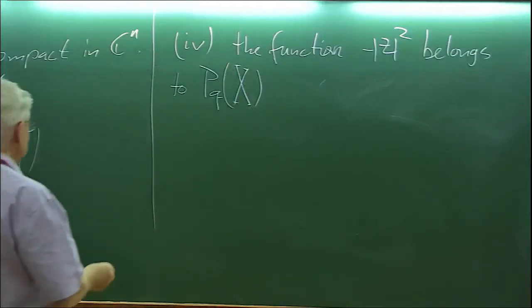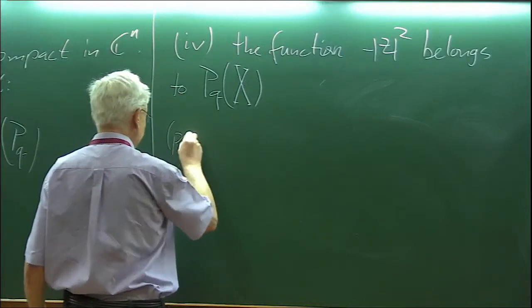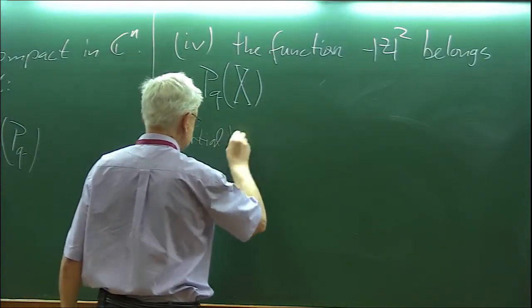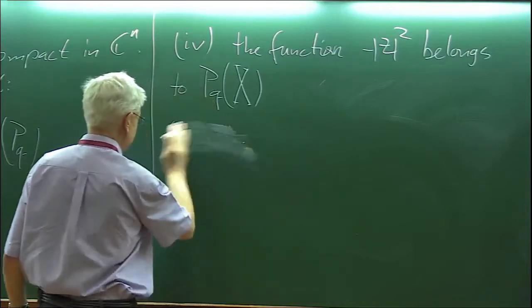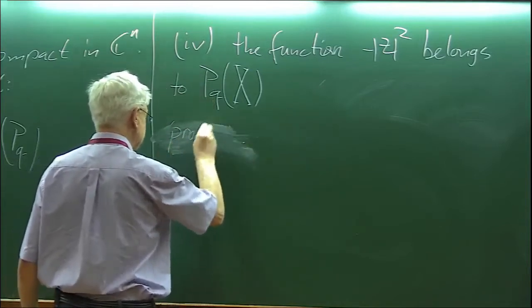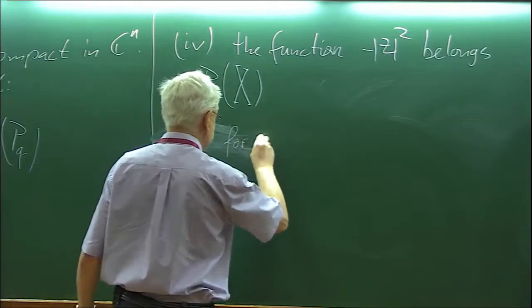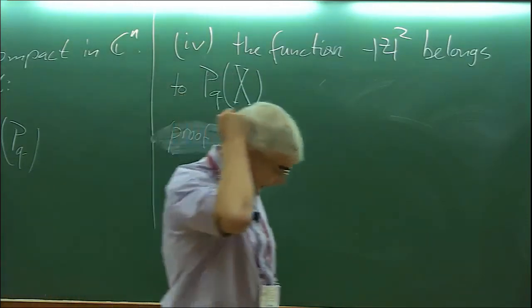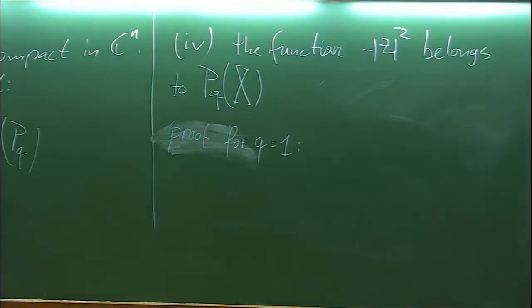All right, so let me give a sort of partial proof. Well, mostly proof, I think. But I just want to do it for Q equals 1, just to simplify the notation, that's all.